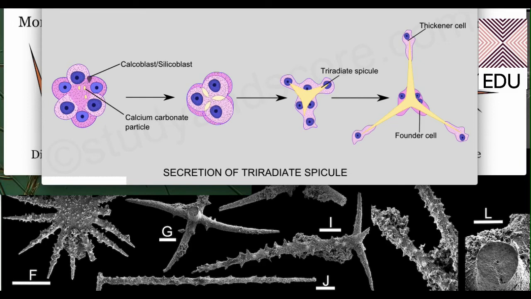The function of the thickener cell was to provide length to the spicule, and the founder cell was giving the raw materials from the center. This spicule is being pulled apart in 3 directions from the center. These thickener cells are pulling the spicule in 3 directions. So finally a triradiate spicule is formed.